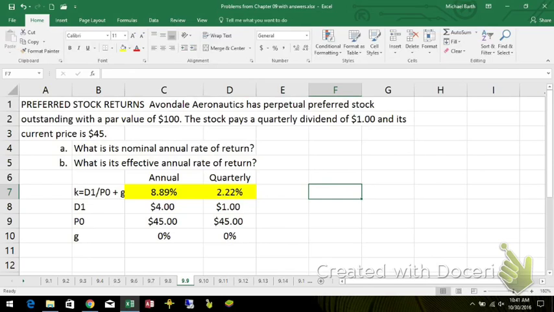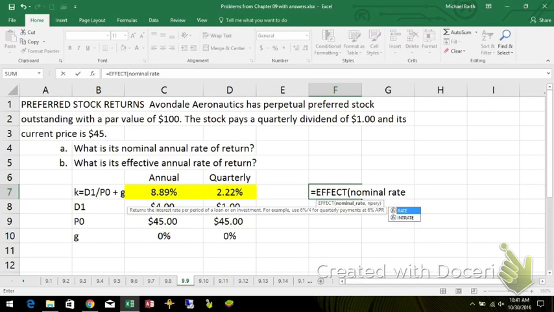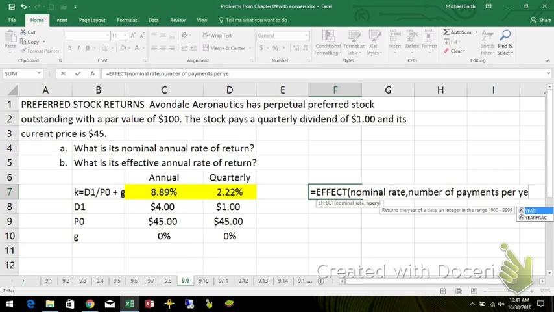So the EFFECT formula in Excel: effective rate equals EFFECT of the nominal rate, or APR, comma, and then the number of periods or payments per year.